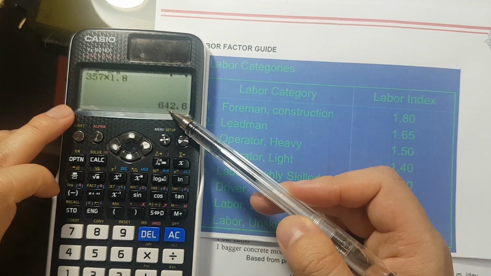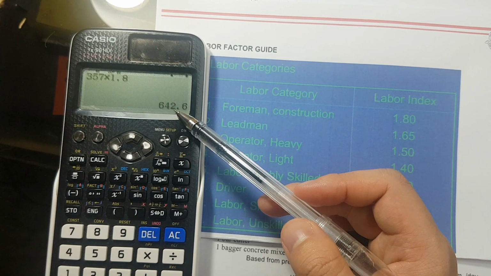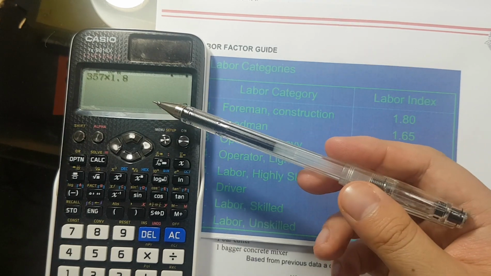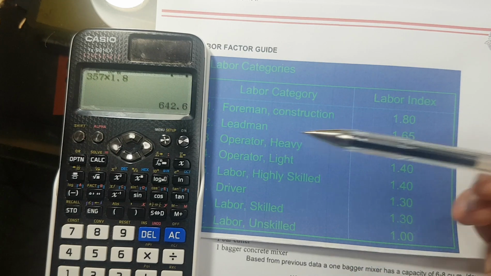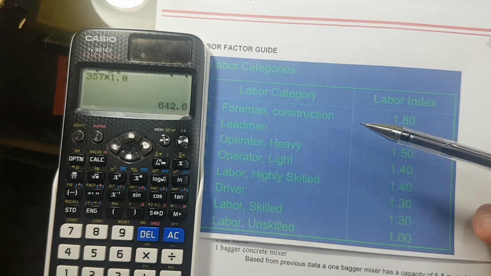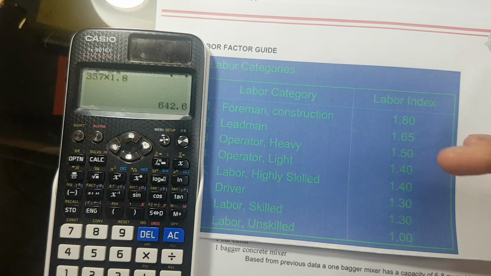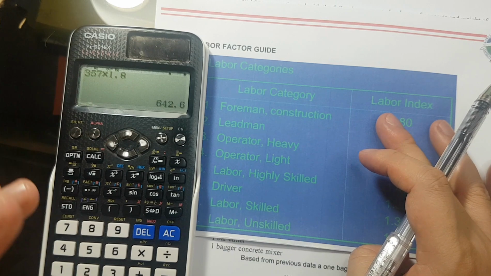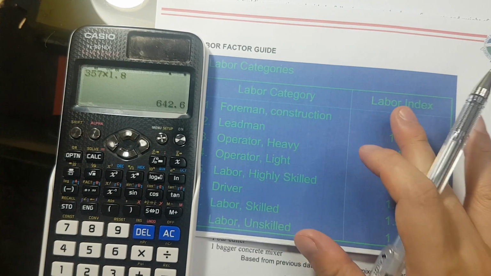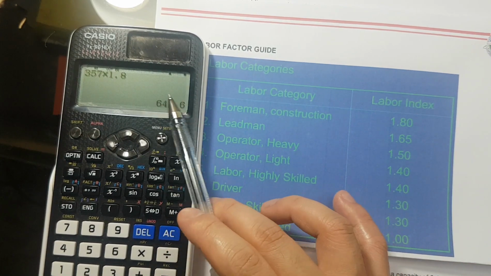So sabihin mo, foreman, 600. Yan. But foreman, since magaling ka naman, or pwede natin pag-usapan, gawin natin 650. Okay? But it still depends on the negotiation. It can vary. But at least you have a guide.